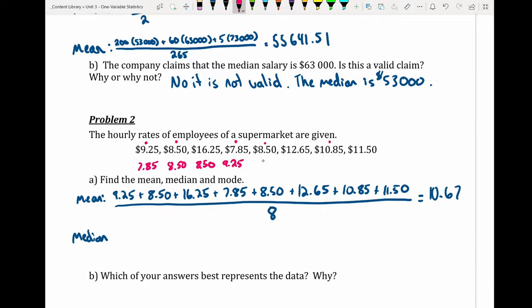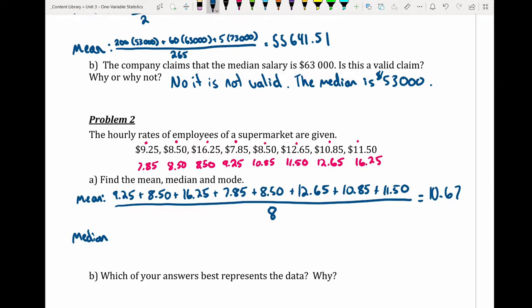Then we have 10.85, then 11.50, 12.65, and 16.25.